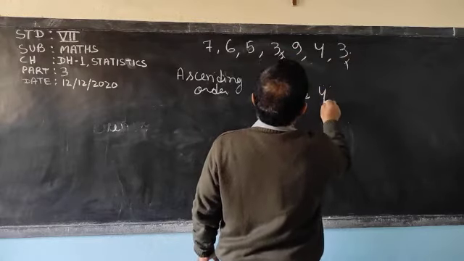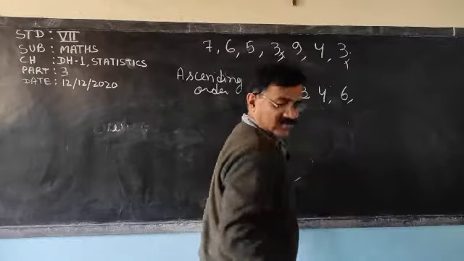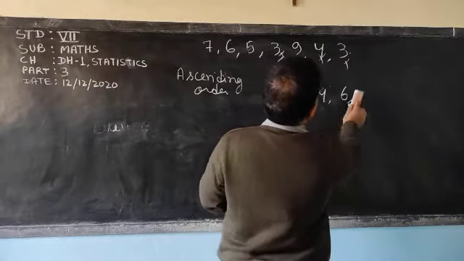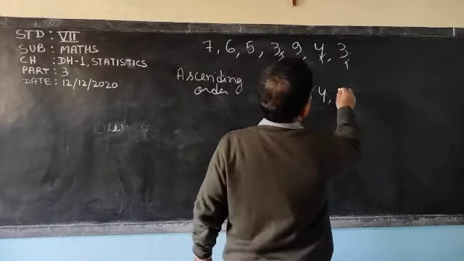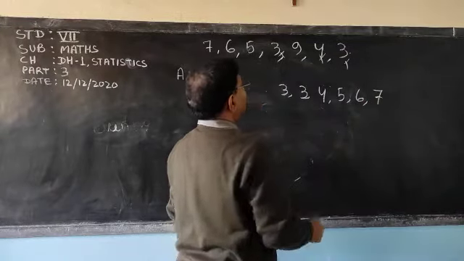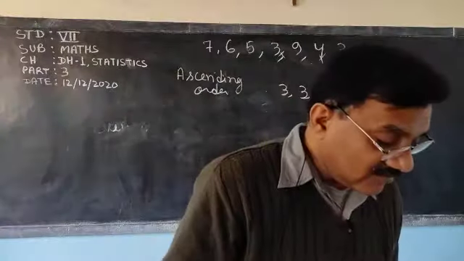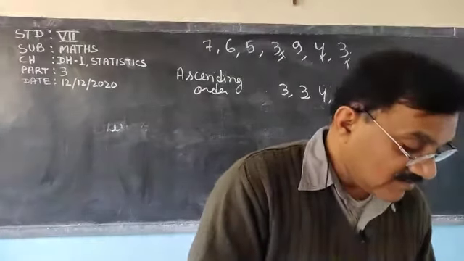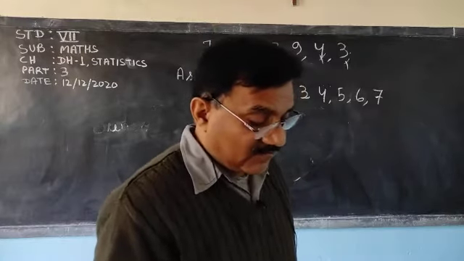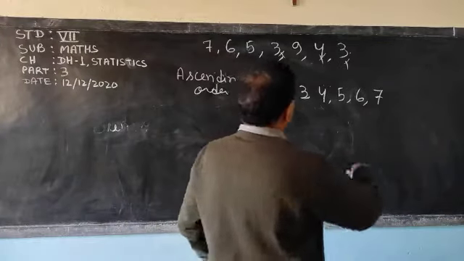Then 4, then 5, then 6, and then 7. 9 is also there.